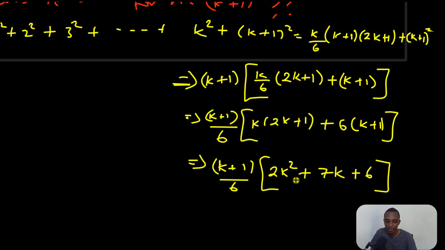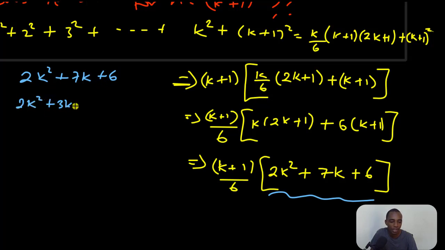Alright, this is nice. Let's see if this thing right here can be factorized. So we have 2k squared plus 7k plus 6. I'll write this as 2k squared plus 3k plus 4k plus 6, just splitting up the 7 into 3 and 4. So I can factorize out k in the first expression here, so I have k into 2k plus 3.